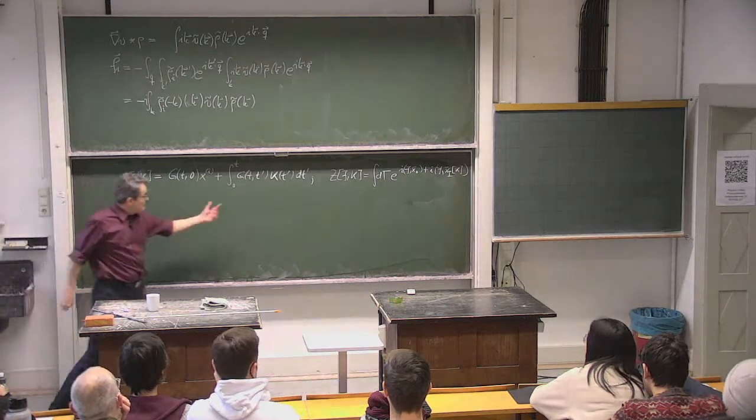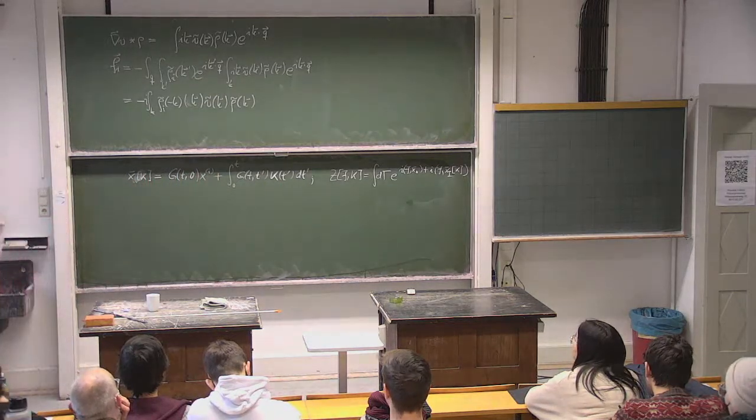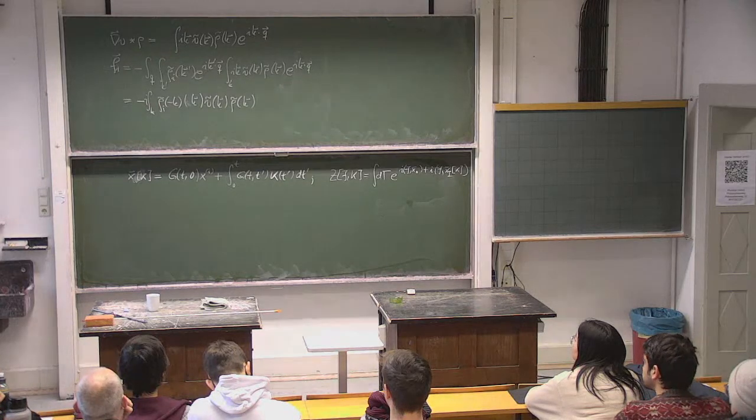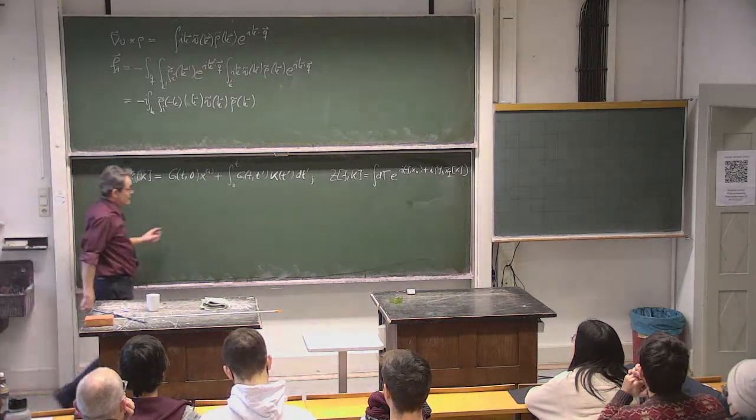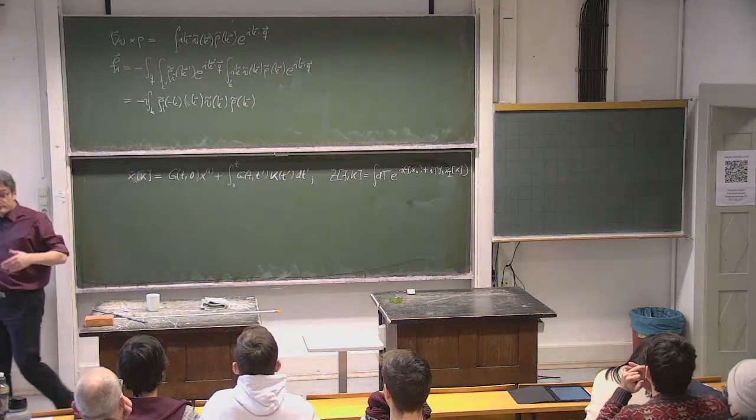This field K now takes the role of the force term, but I do not specify it in any way. I only introduce the K field here such that I can take functional derivatives with respect to K.